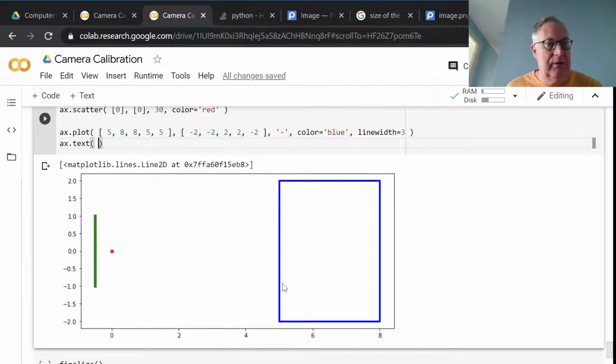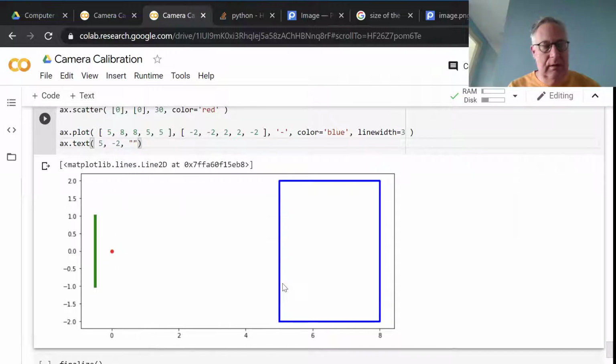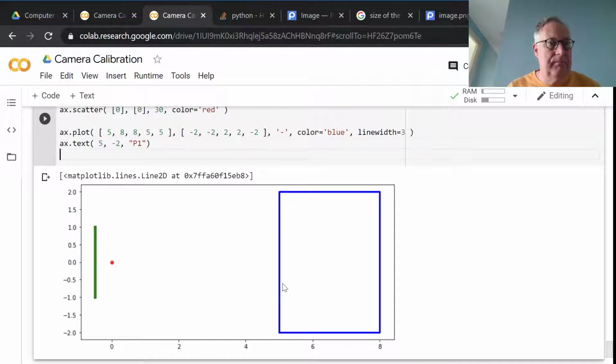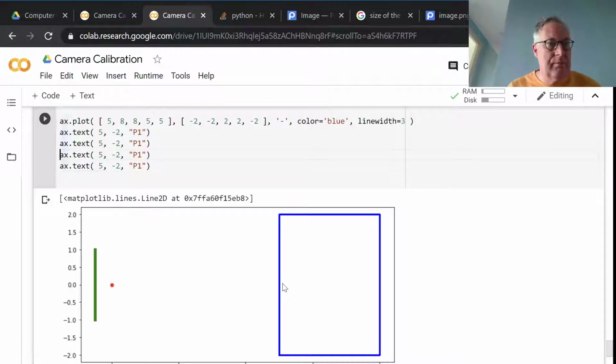This one was 5, minus 2, call this one P1, then P2, P3, P4: 5 minus 2, 8 minus 2, 8, 2, and 5, 2.